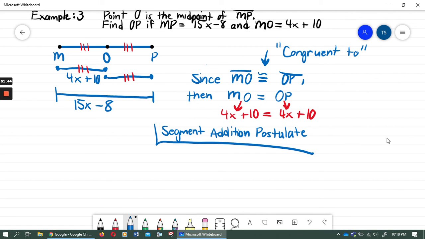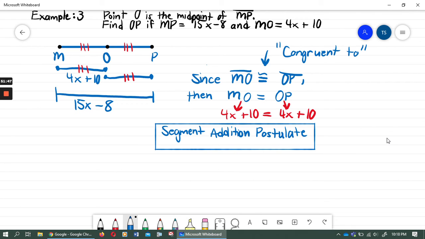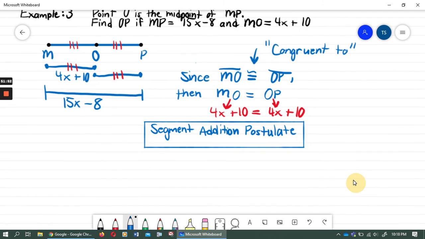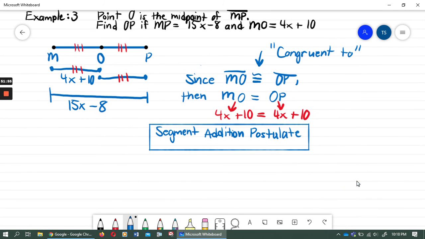If we use our segment addition postulate and write that out, the length of the whole segment MP should be equal to MO plus OP.